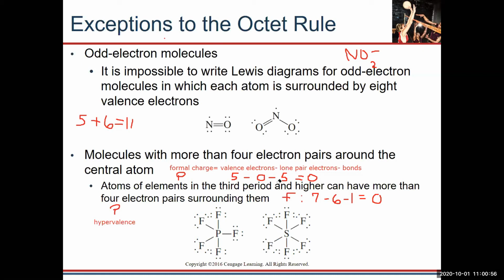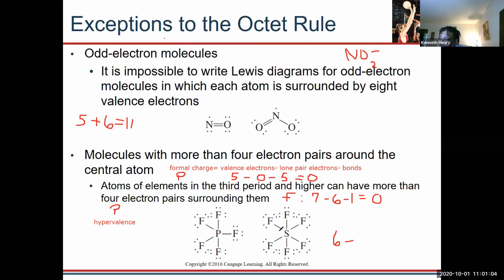Valence electrons: 6. Number of lone pair electrons: 0. And 6 bonds. So it equals 0. Okay.